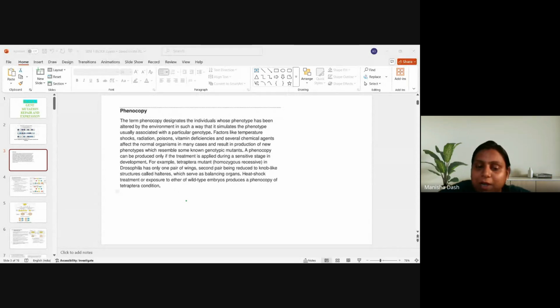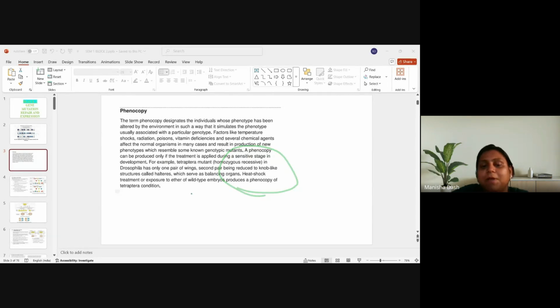But sometimes, if there is a wild type gene or a normal fly, and the fly is treated with heat, meaning it is raised at a high temperature, genotypically it is normal, but if it is subjected to a variable environmental condition like extreme high temperature, then whatever phenotype occurs will be the same as that of a genetically mutant phenotype. So this kind of phenomenon is called phenocopy.